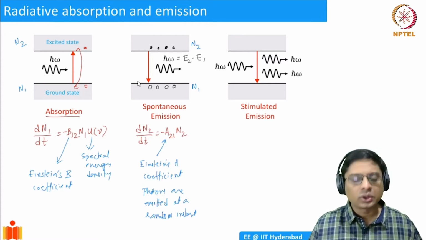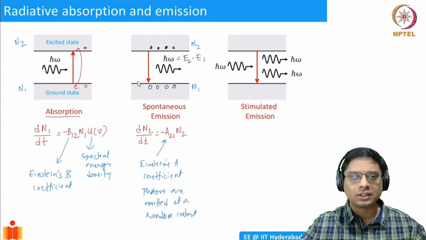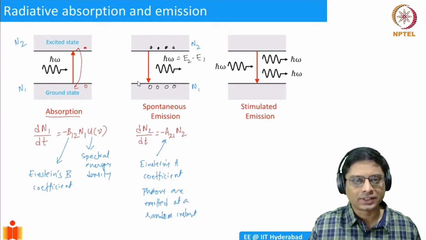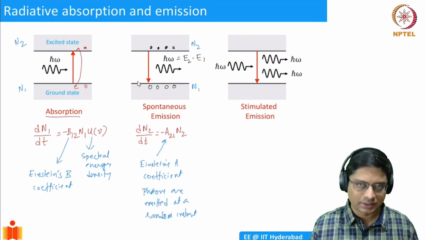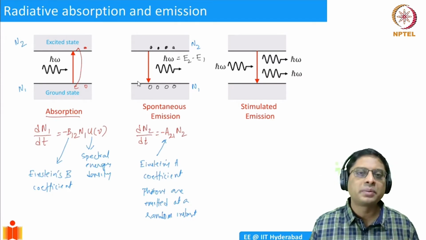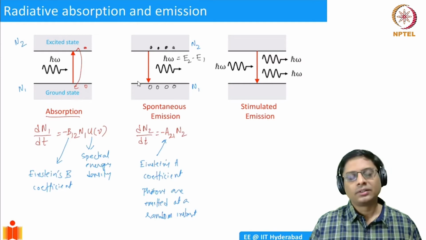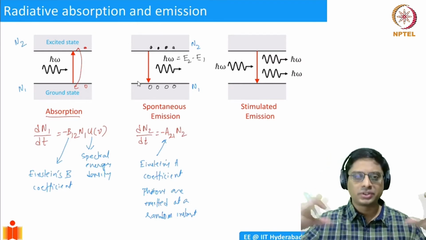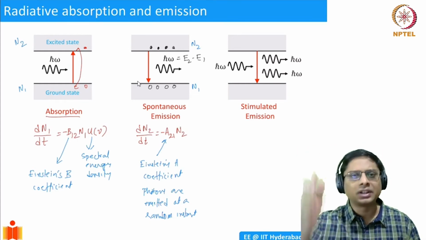By the way, it's not going to be one single photon. You can put in, let's say, 10 power 16 electrons in the higher state, and similarly 10 power 16 holes in the lower state. Then any of these electrons can de-excite, and there's no way of predicting when a particular electron will de-excite. But when you consider them as a combination of all the electrons, there's a certain probability that at a particular time they will de-excite.